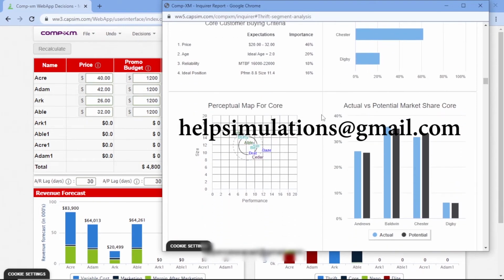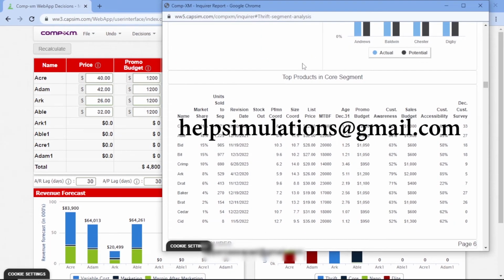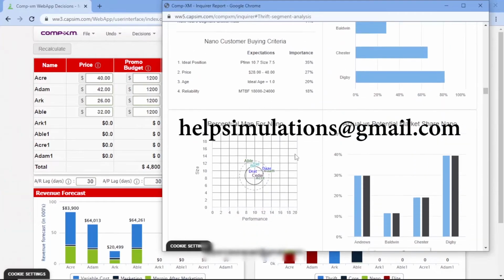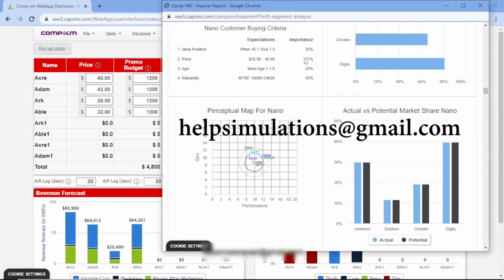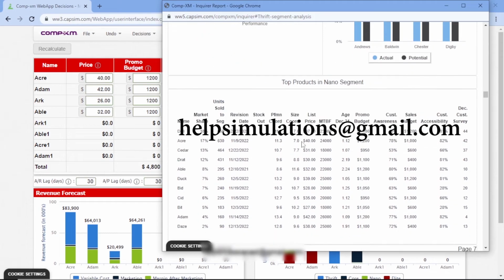Then in the core market segment, price is also important, at 46%. In terms of selling, you see mine was 32, which was the highest, and maybe if I had reduced it, I could have made more sales. Then in the nano market segment, pricing has an importance of 27%, and my competitors had 37, I had 40.